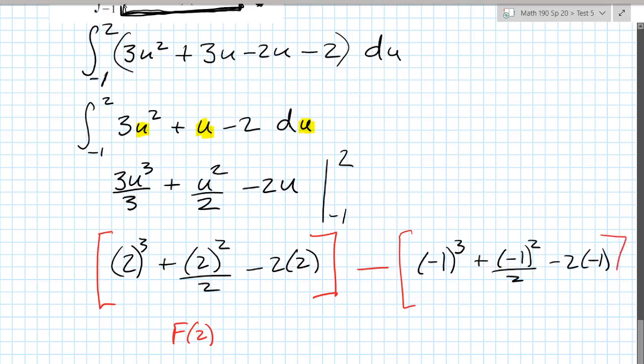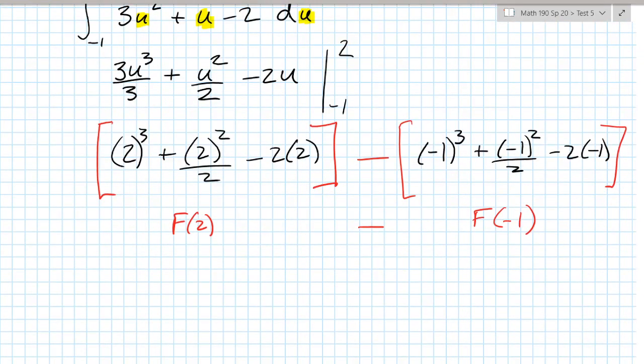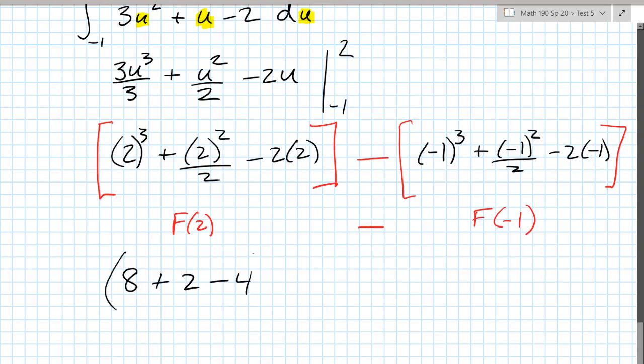All of that is F of negative 1. So from here we can just do the algebra, simplify this. 8 plus 2 minus 4, minus, careful with those parentheses, okay? Minus 1 plus 1/2 plus 2.